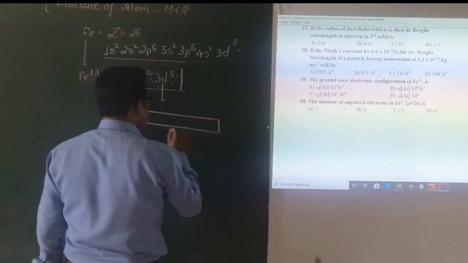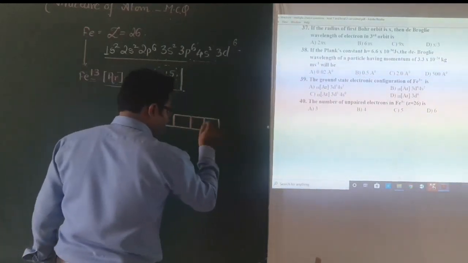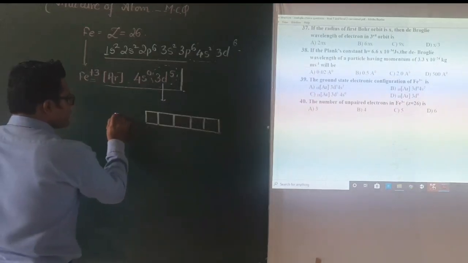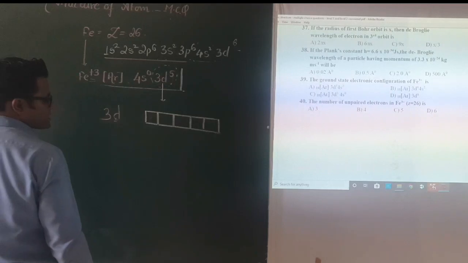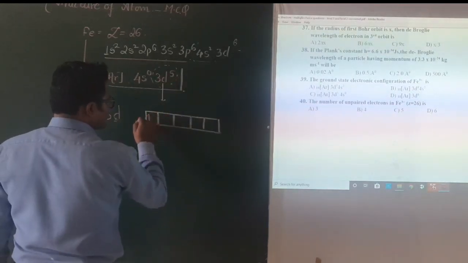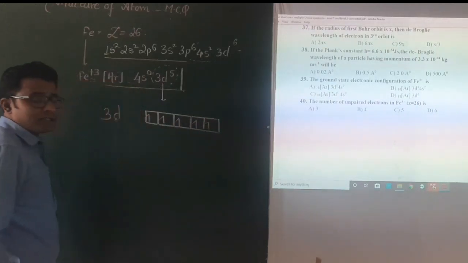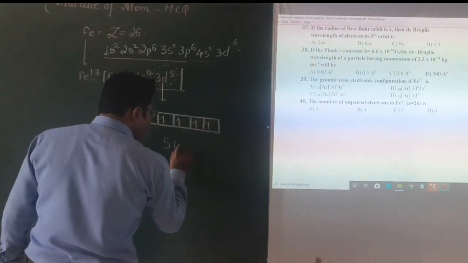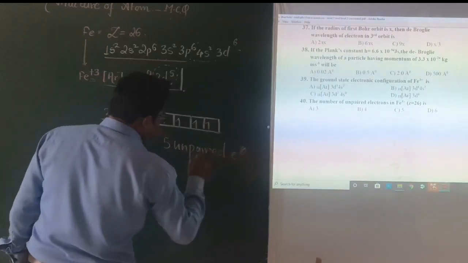When we count, 1, 2, 3, 4, 5. So for the 3d orbital of Fe plus 3, there are 5 electrons. Let's fill them: 1, 2, 3, 4, 5. So there are 5 unpaired electrons in Fe plus 3.